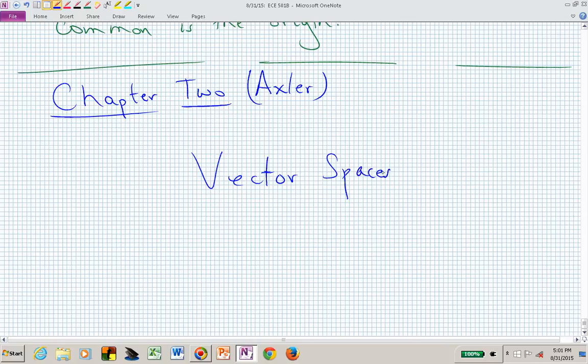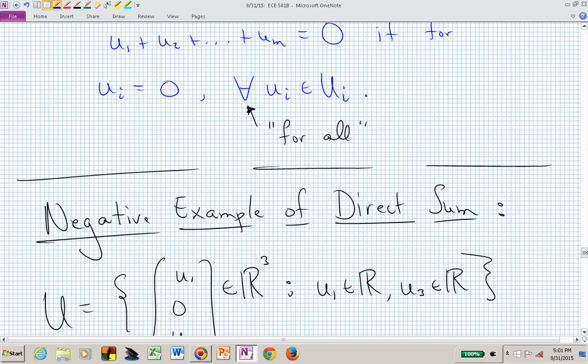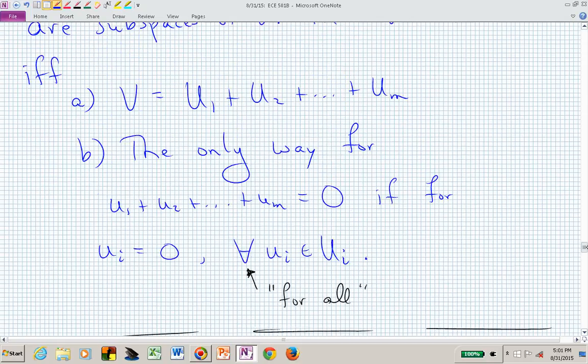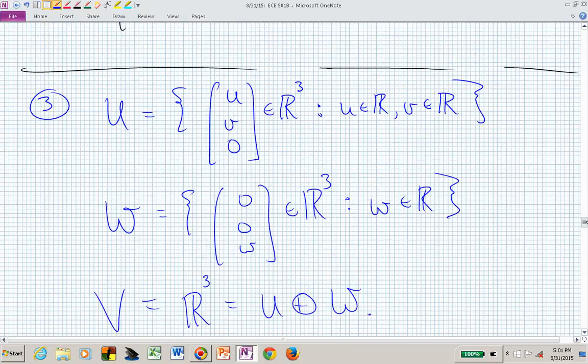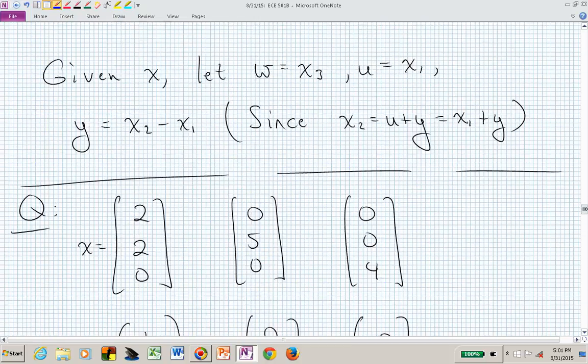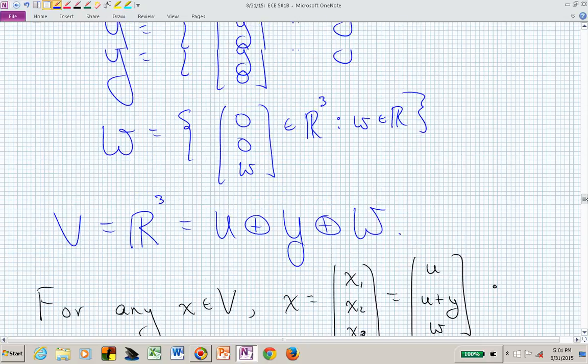So direct sum is not really saying linearly independent because, of what did we have before? We haven't really talked about linear independence, and that's what we're going to be talking about in chapter 2.